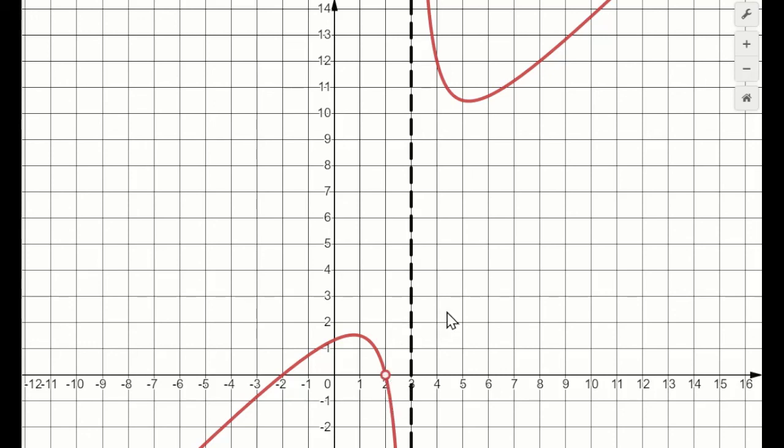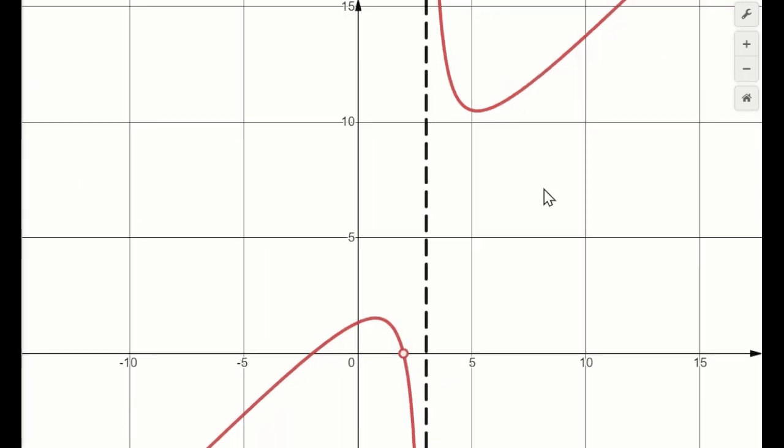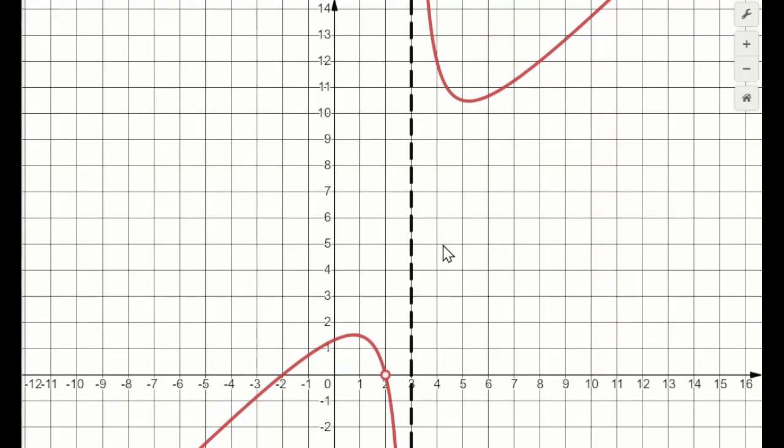But now we're looking for the interval of the graph where the graph is positive, above the x-axis. The x-axis is here. So it looks like this interval, anywhere from -2 to less than 2, is positive. And then this other interval, anywhere between 3 and positive infinity, is another interval where the graph is above the x-axis.